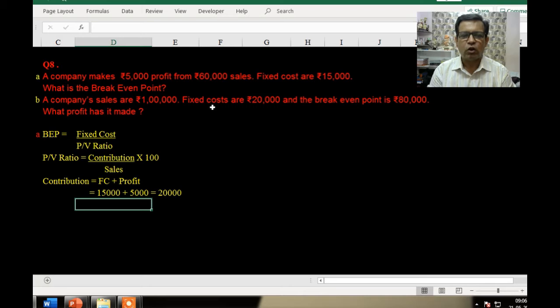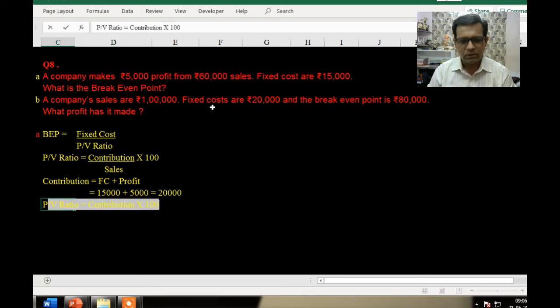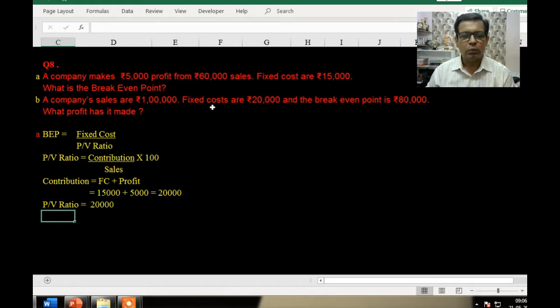Now, once we have the contribution, calculating PV ratio will be a very easy thing for us. PV ratio, what will be this amount? For PV ratio, we have to take the contribution, which is 20,000, and divide the contribution by sales, which is 60,000, and then multiply it by 100.